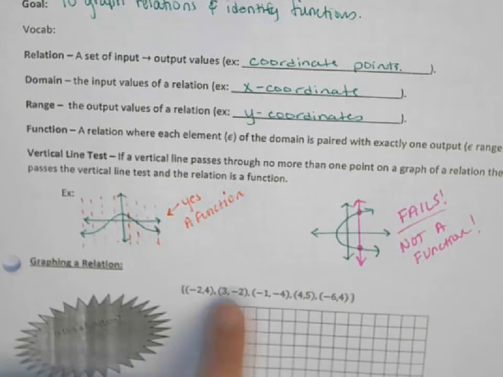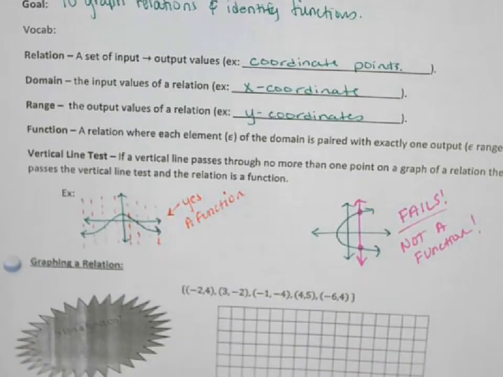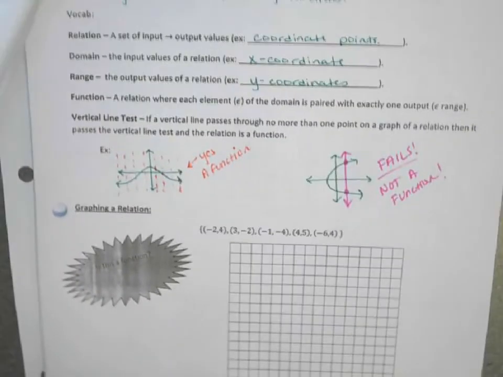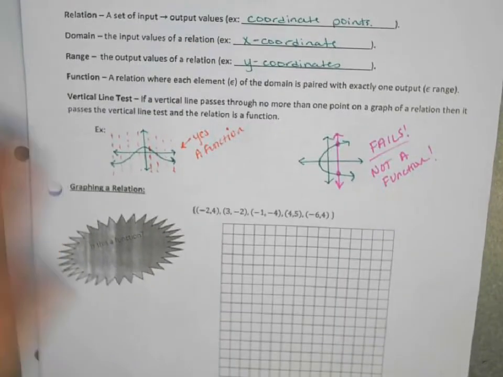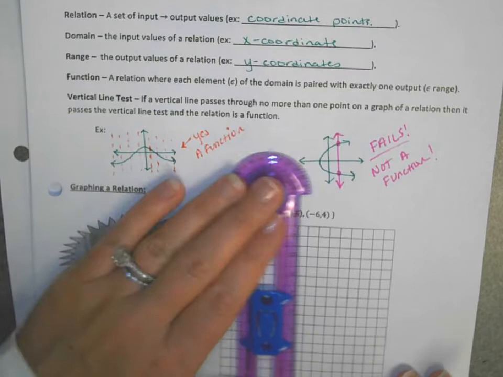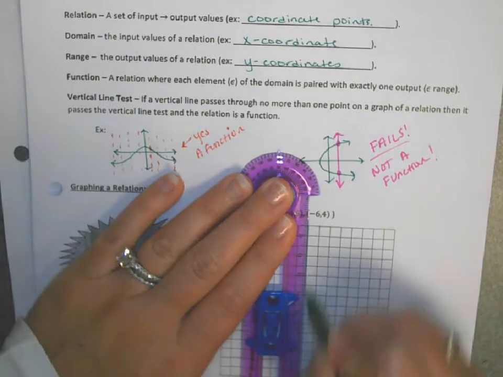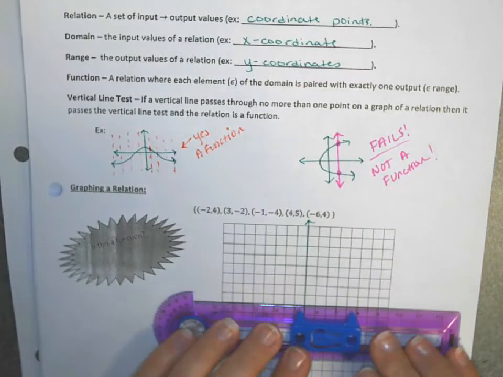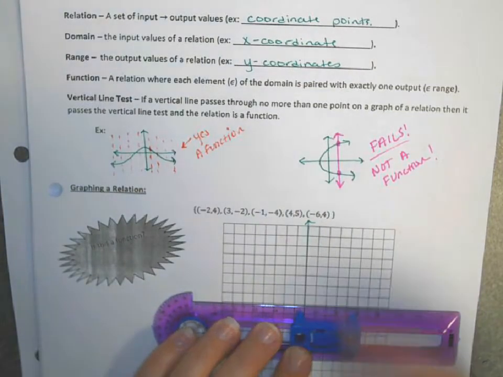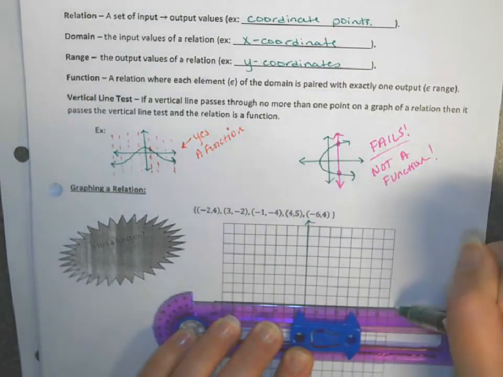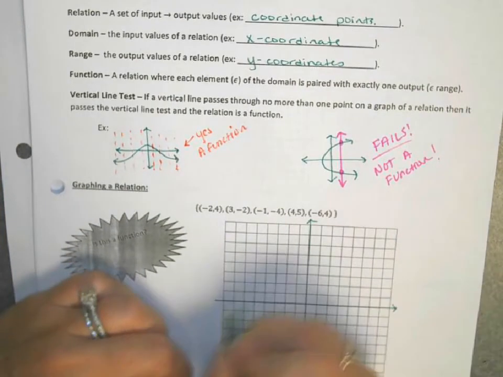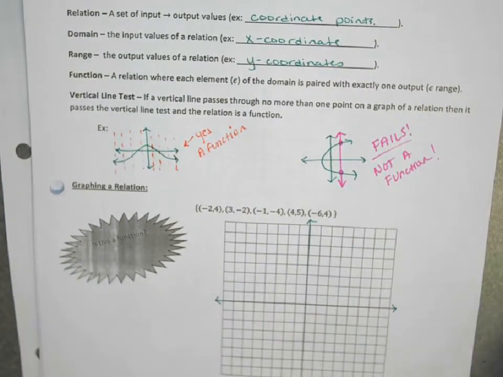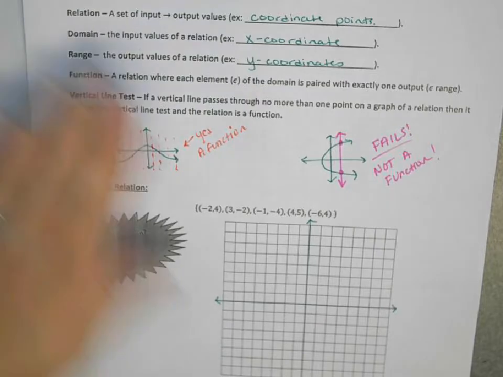Okay, so the next one says graphing a relation. It gives us 5 points here, and we have to graph it. So let's see. We've got to have some axes on our graph here. I'm going to put them right smack dab in the middle, and I'm just going to do a scale of 1.